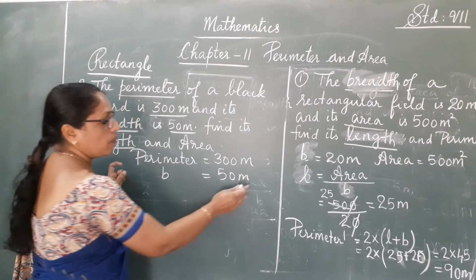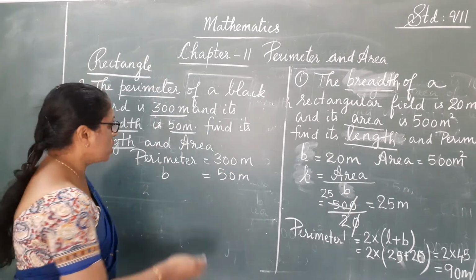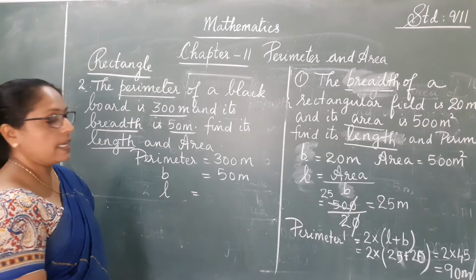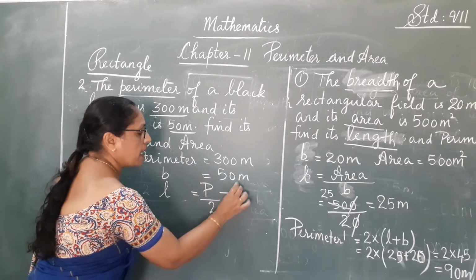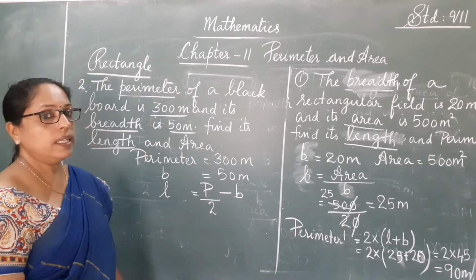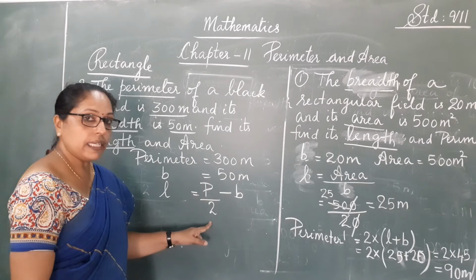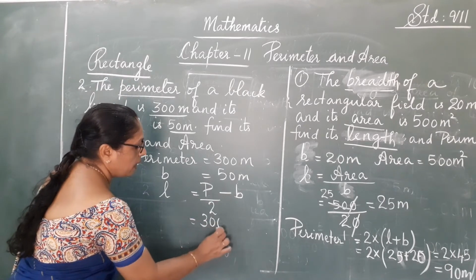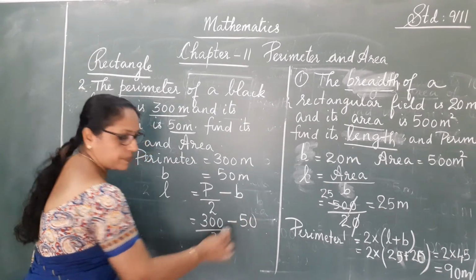The perimeter formula, you remember, is 2 into (L plus B). So how do you find length from the perimeter formula? Yes, perimeter divided by 2 minus breadth. Once again, finding length from perimeter is perimeter divided by 2 minus breadth. That is 300 divided by 2 minus 50.